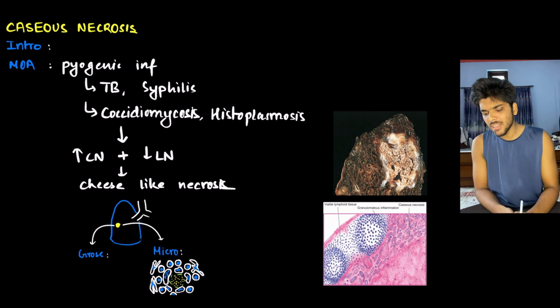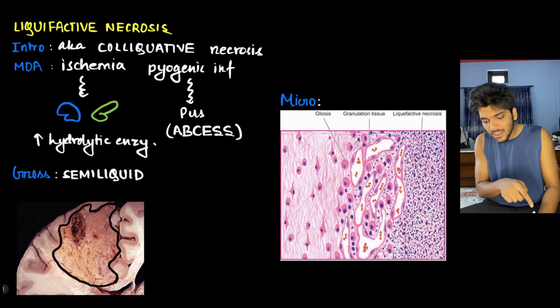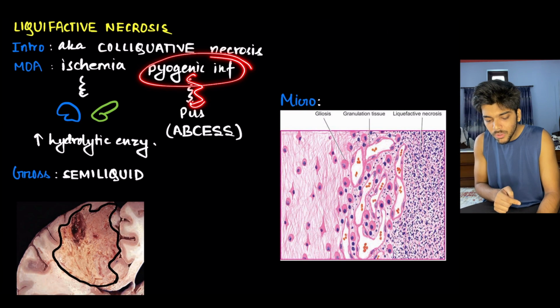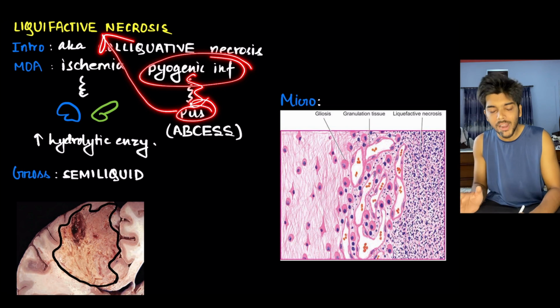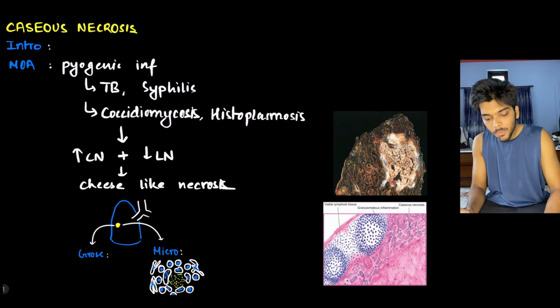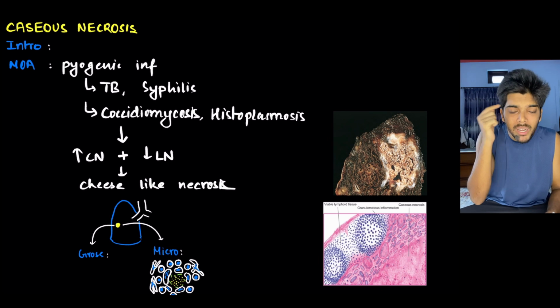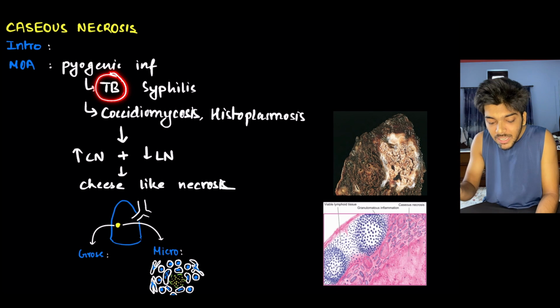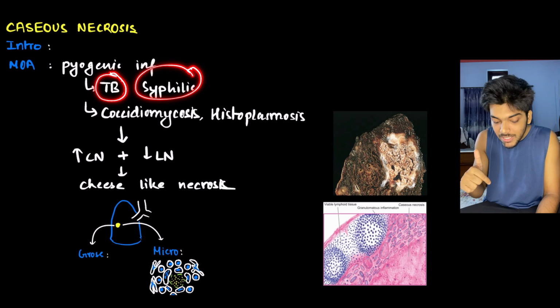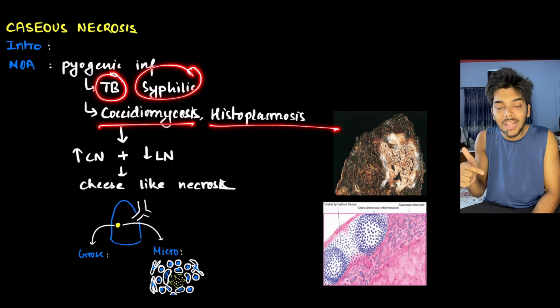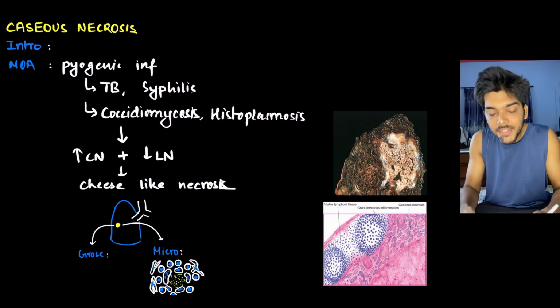Now the question is, why is it that here pyogenic infection led to the formation of pus with liquefactive necrosis, but here pyogenic infection due to specific pyogens, 4 of them, remember, tuberculosis, syphilis, and fungal infections like coccidiomycosis and histoplasmosis, led to caseous necrosis?